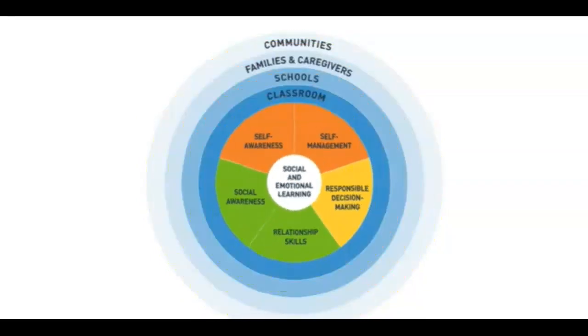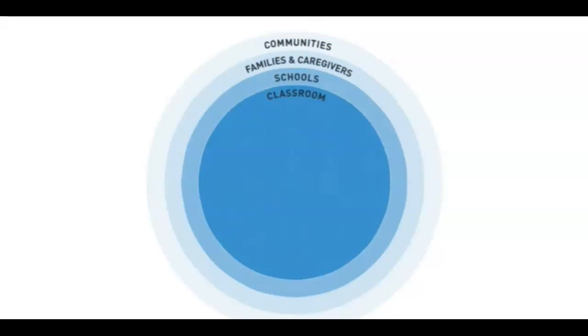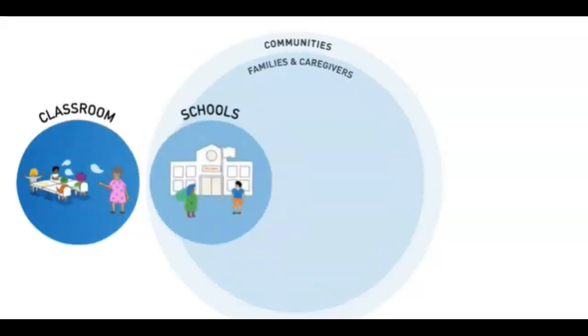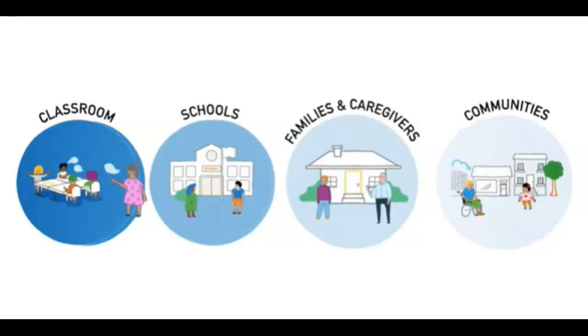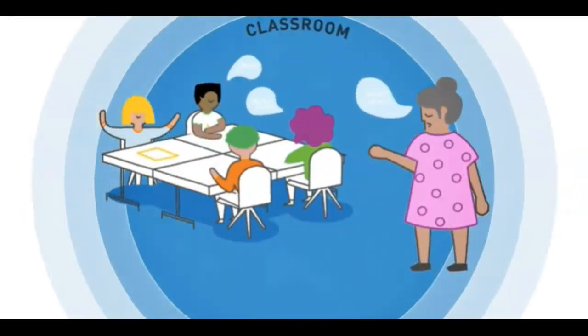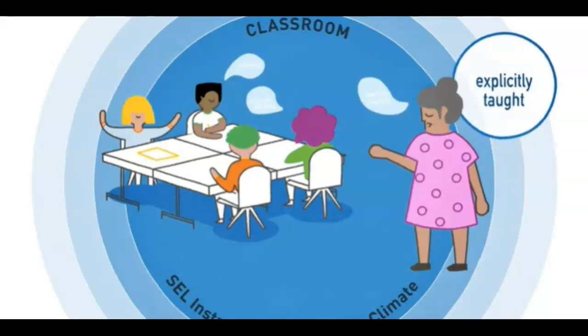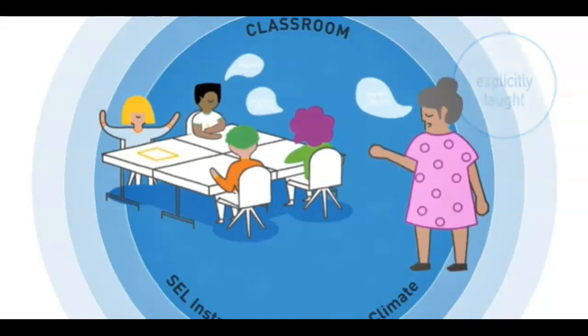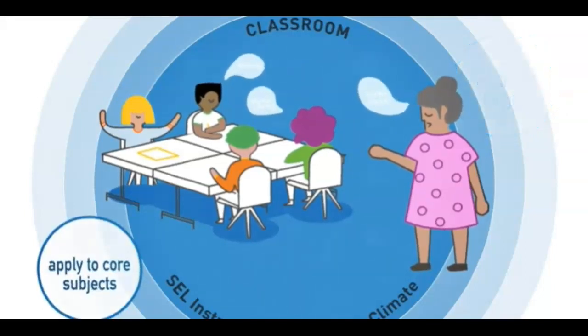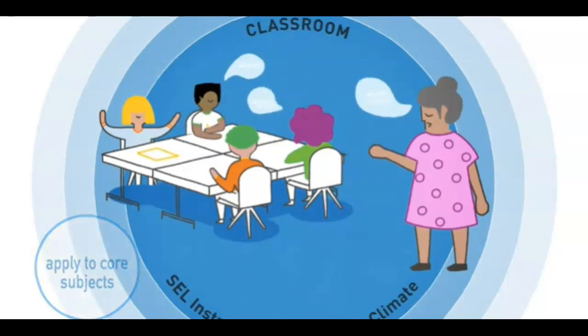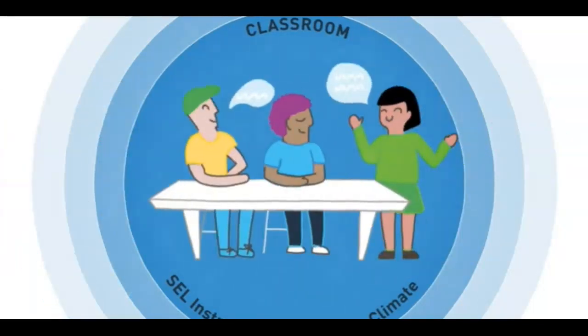How we develop SEL is impacted by our environments, which is why we need to work together across classrooms, schools, families, and communities. In the classroom, students can be explicitly taught SEL skills and also can practice and apply SEL during core subjects, like discussing different perspectives in social studies and language arts, or collaboratively problem solving in science or math.